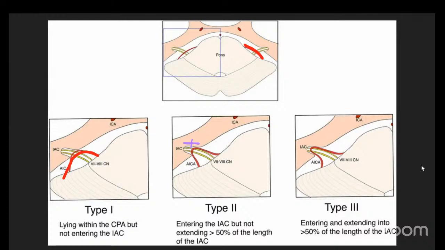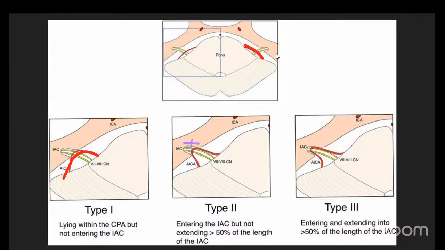Does anybody have any problem with this concept? It enters the canal, but it does not reach all the way. And what is our cutoff? Our cutoff is 50% of the length of the internal auditory canal. Type 3 is when it is traveling more than 50%, even if it does not reach the end of the internal auditory canal. If it is extending more than 50% of the length, then it is a type 3.